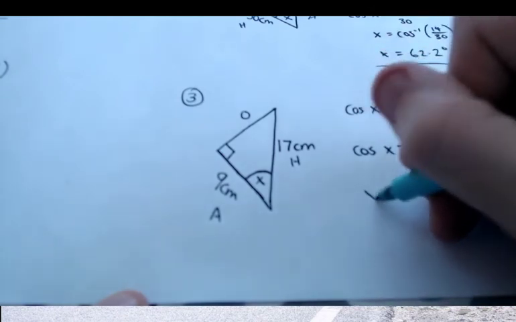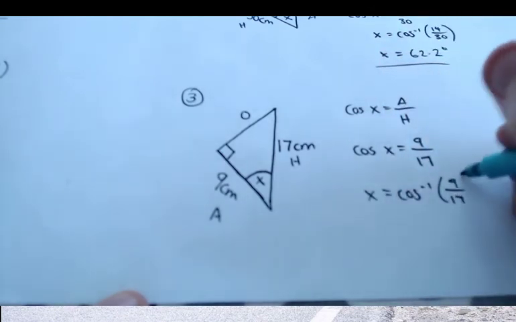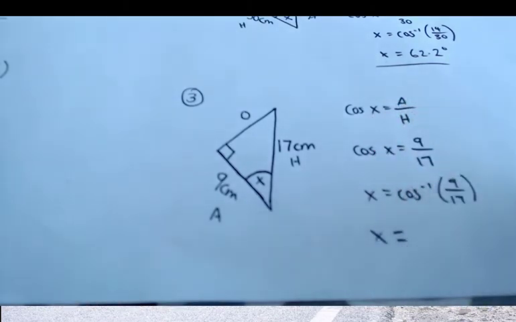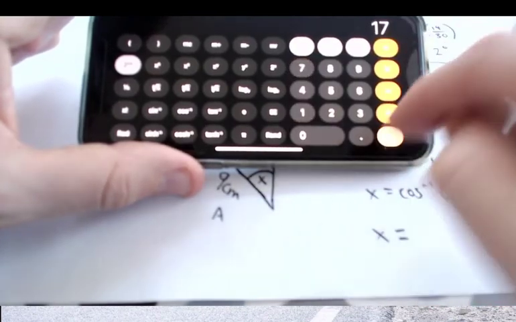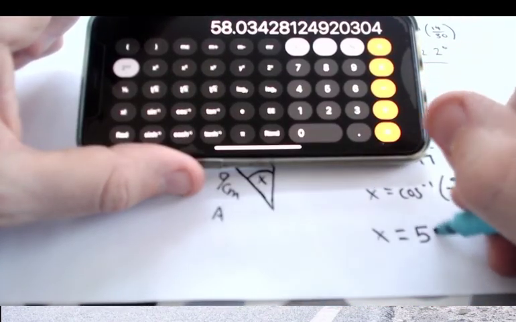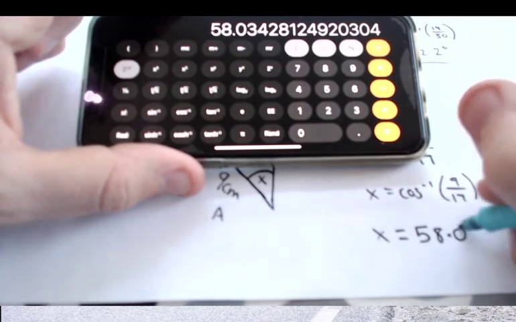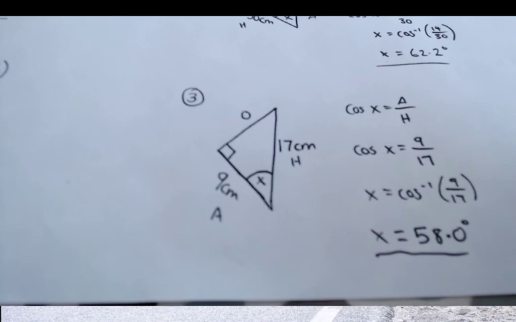And now I need to do the opposite of cos. I need to do inverse cos 9 over 17 to work out the size of angle x. I go to my calculator. 9 divided by 17 equals, and then inverse cos. So 58.0. Hopefully you got 3 out of 3. And that's how we use cos to calculate the size of an angle.